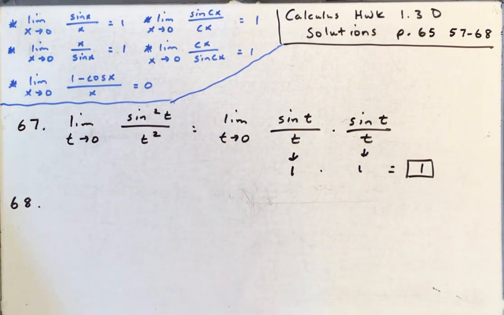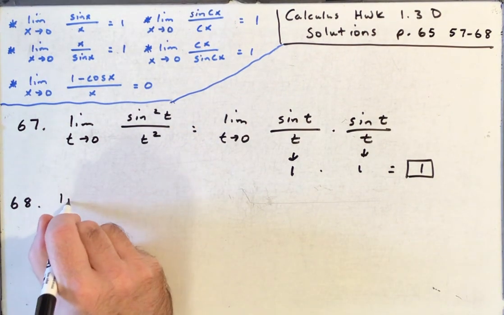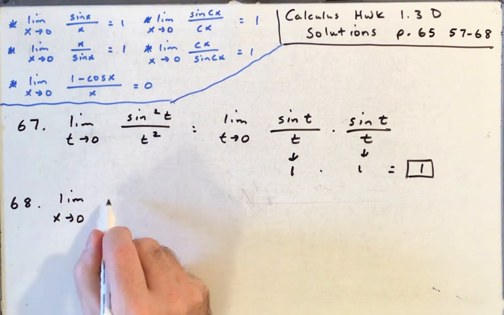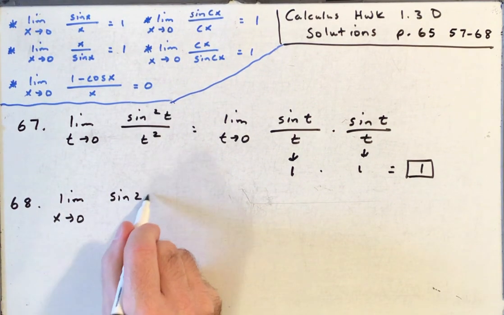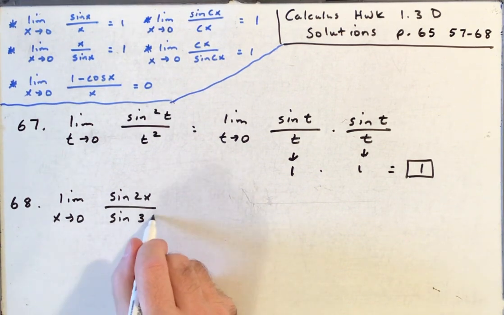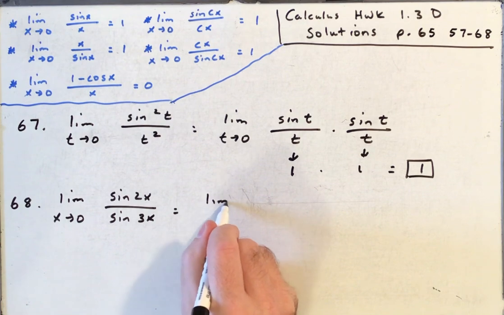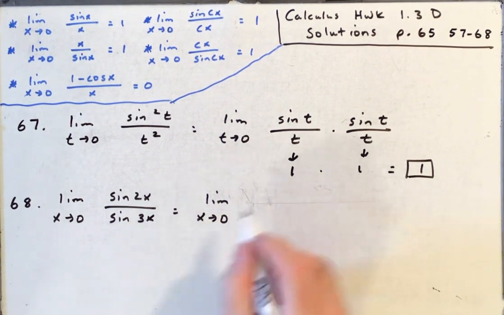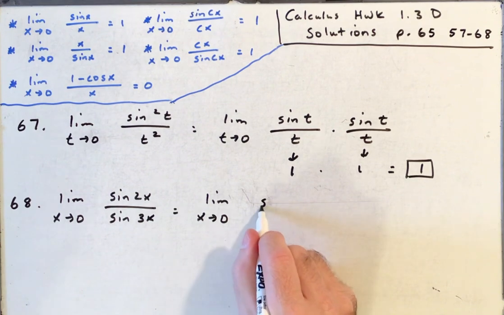Okay, our last one, number 68. The limit, this is like a lot of those homework examples I did, as x approaches 0 of sine 2x over sine 3x. So let's break these up so that we can insert the numbers we need.